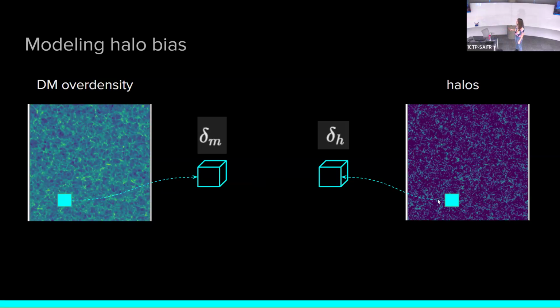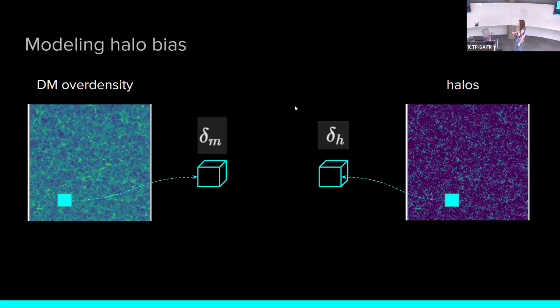This is just to illustrate: if I take a single voxel from my box, this is represented here, and I can do the same with the dark matter density box. So on the one hand, I have the dark matter density in this voxel and the halo density in this voxel. I want to use this information to obtain the density of halos in this volume.